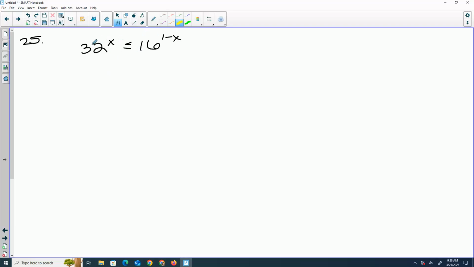When I look at my bases, 32 and 16, those are both powers of what number? So 32 is 2 to the 5th. 16 is 2 to the 4th. So with those exponents, power to a power, we multiply.